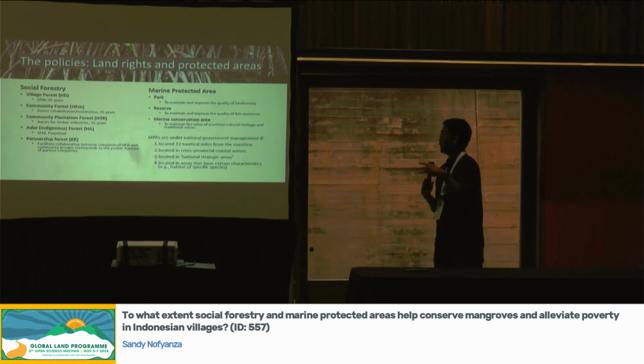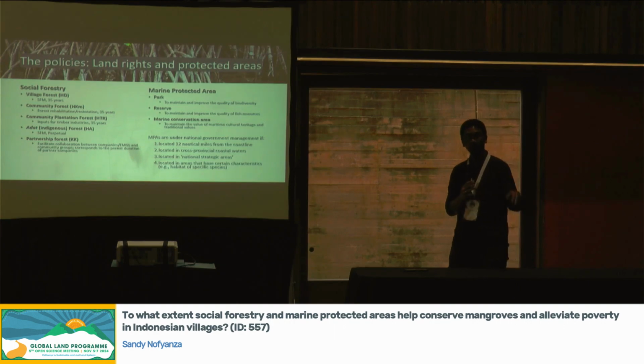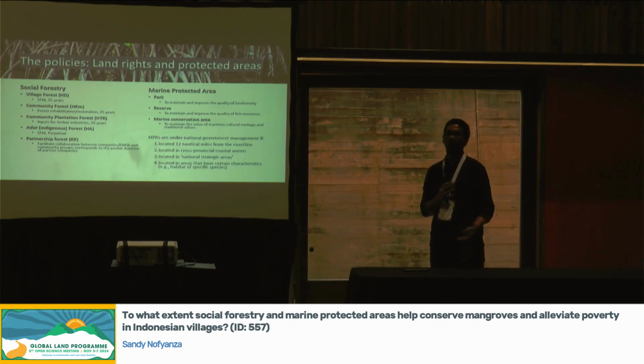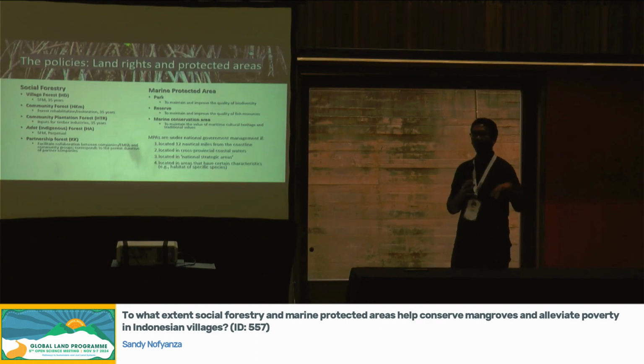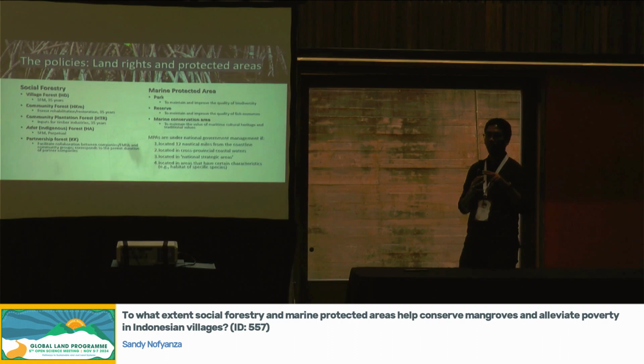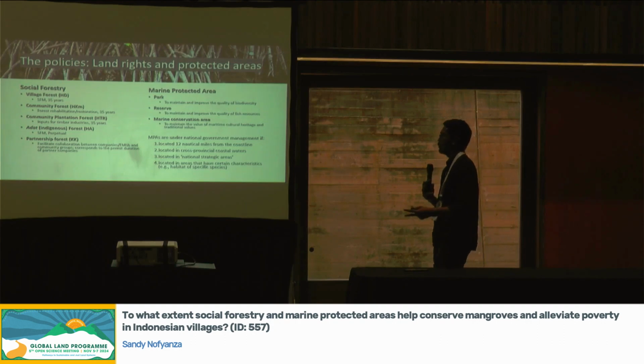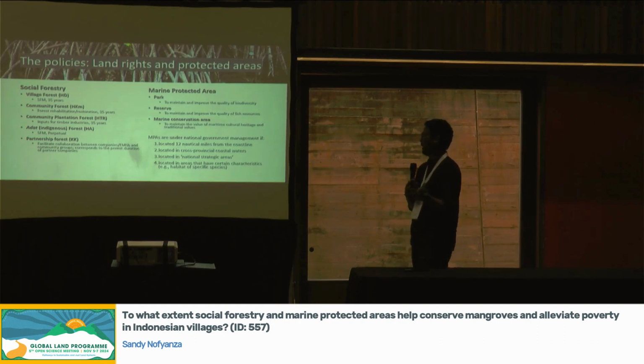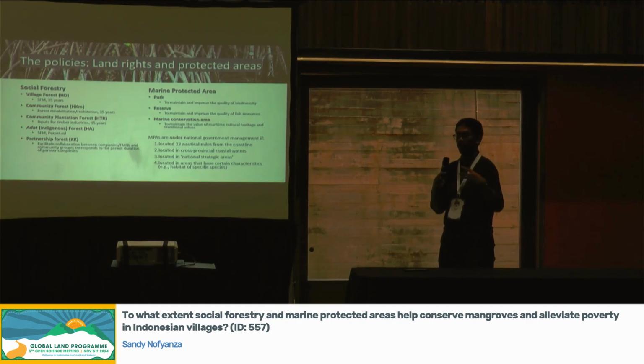And then there are also different types of marine protected areas based on their use. Some of the area can be used for small scale production for local fishermen. And then there are also areas that are strictly protected.